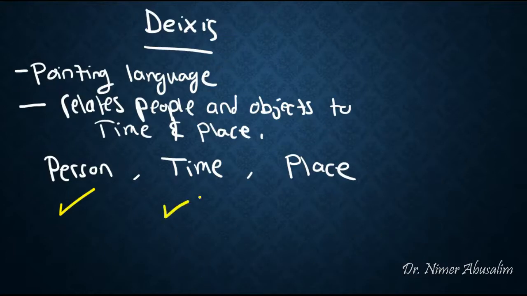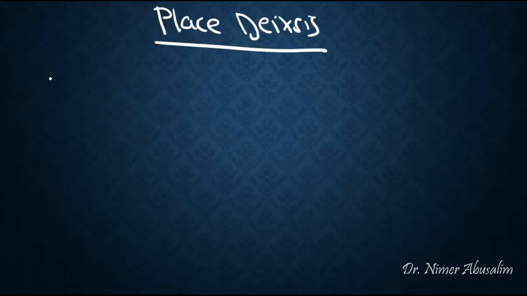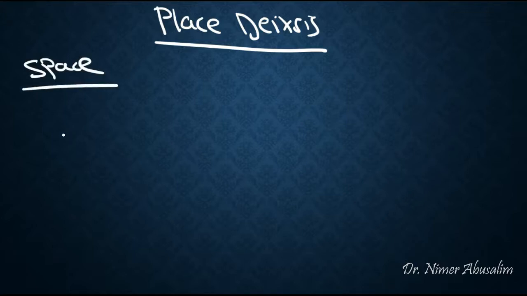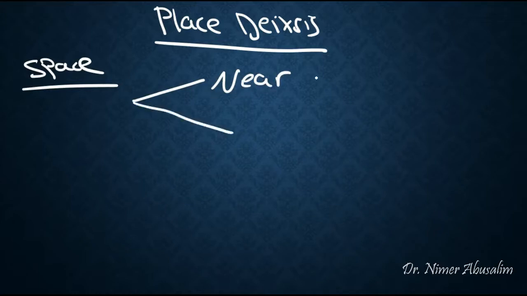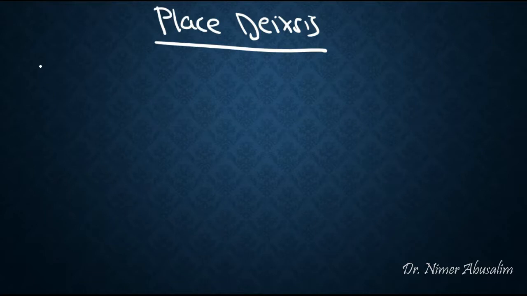Now that we're done with time deixis, we can move on to place deixis, the last one. Like time deixis, you can imagine that place deixis would show the proximity of one person or object from another person or object, but in space, not in time. So you can imagine that something can be near from you or close, and something can be far. Now there are different ways in which we can achieve or show the different types of place deixis.